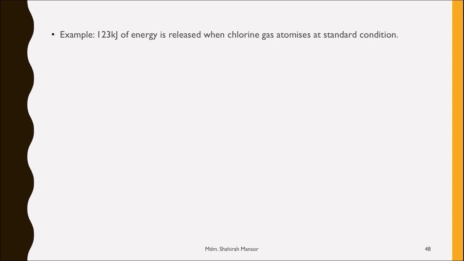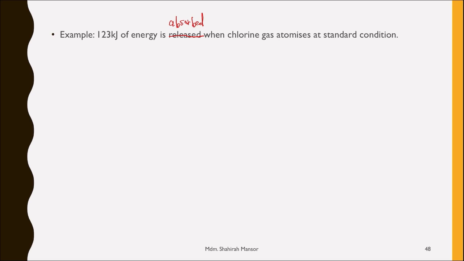Suppose that we have 123 kilojoule of energy released when chlorine gas atomizes at standard condition. Sorry, it is not energy released, it is energy absorbed. So 123 kilojoule of energy is absorbed when chlorine gas atomizes at standard condition.